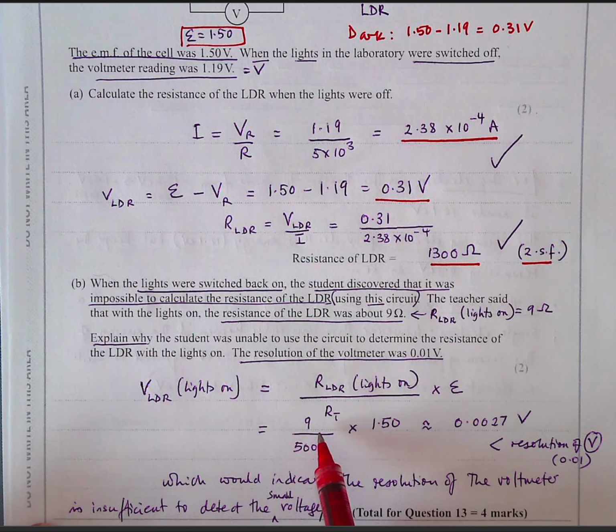You could also say it would be insufficient to detect the small potential difference drop in the voltage across the 5 kilo ohm resistor. In other words, a voltmeter which the way it's set up on this circuit diagram will read the full EMF, which is 1.50 volts. Okay, so that's, I hope, clear enough for you. So that's question 13.